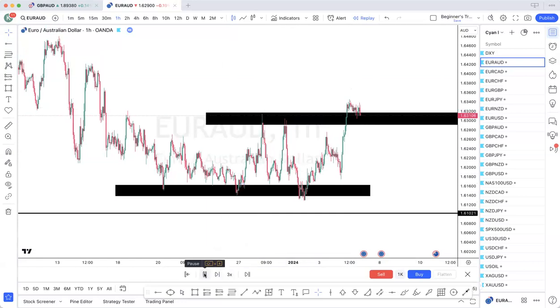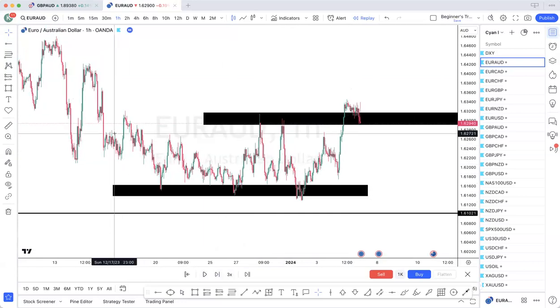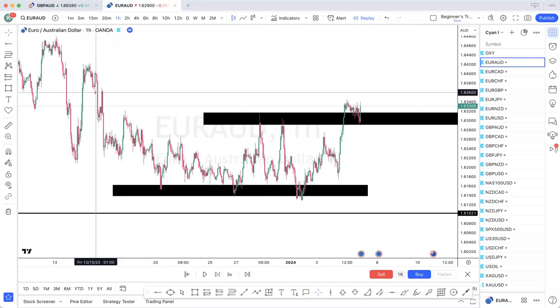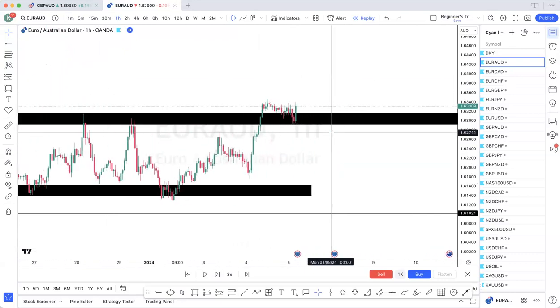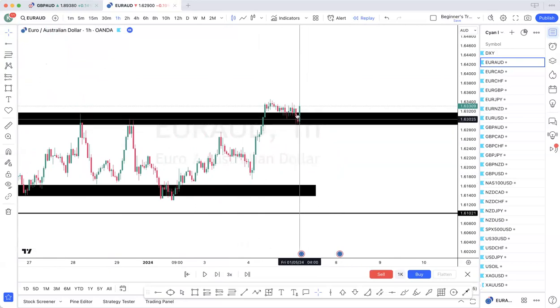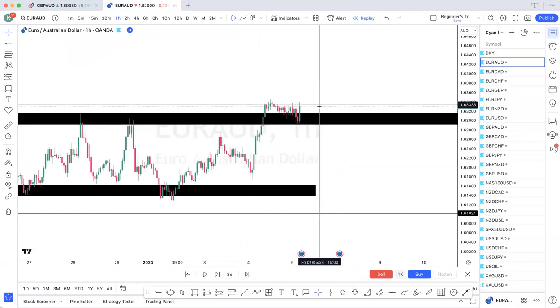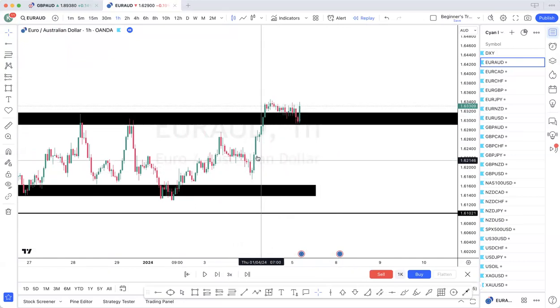I don't like EA. You have an order block here, which has already been tapped into. So now right here, what I would like to see is this push up and then pull back into this order block. Let's see what happens.